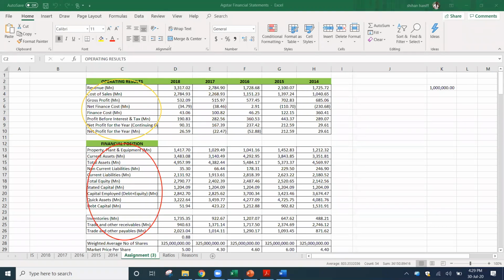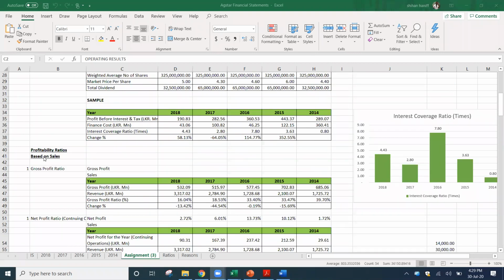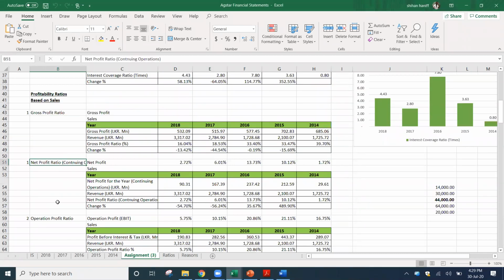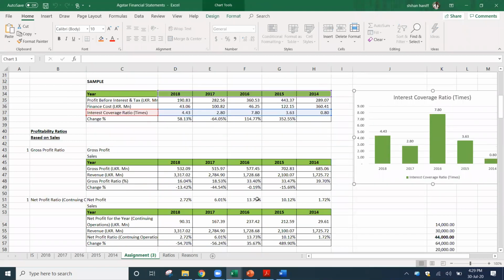So you can see here, I have calculated profitability ratio based on sales, gross profit ratio, net profit ratio, operating profit ratio. So for each year, we can calculate and draw this bar chart. So when you are looking at the bar chart, it's easy for you to understand the company situation.